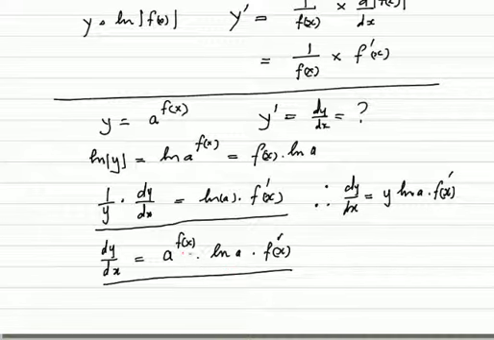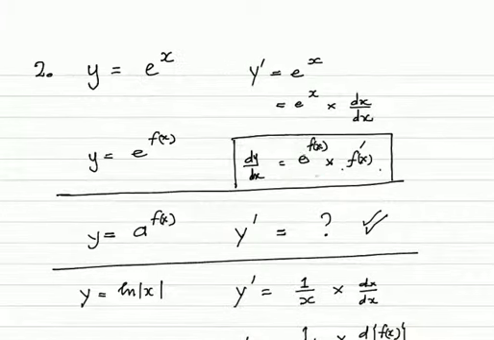So like we saw before at the top here, the derivative of the exponential function is the exponential function itself multiplied by the derivative of the argument.